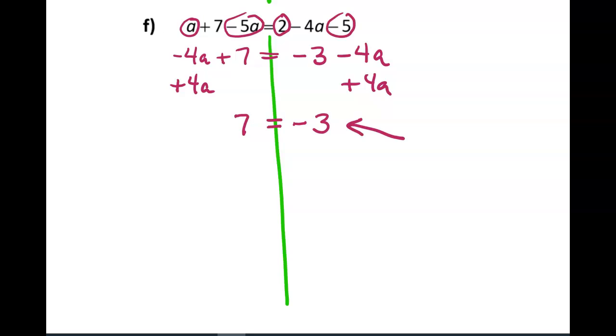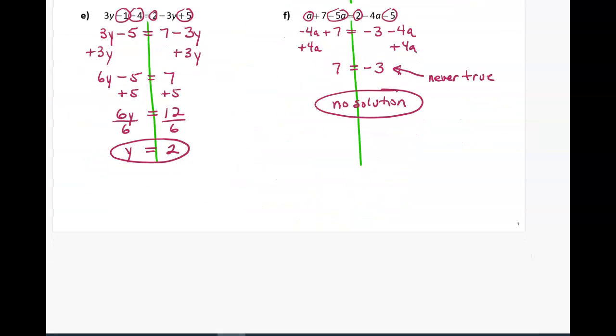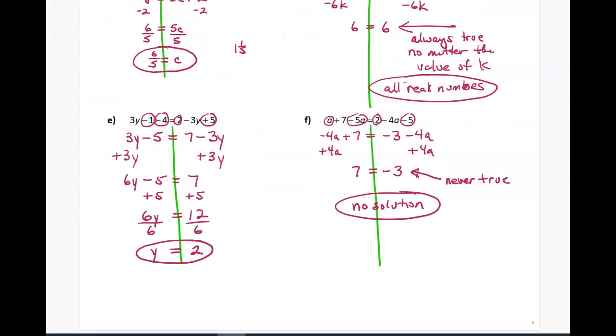So what value of a, the variable, makes the equation 7 equals negative 3 true? No value can make it true because that is a statement that is never true. 7 is never equal to negative 3. So what that means is there is no solution to this equation. All right, that's it for this part.